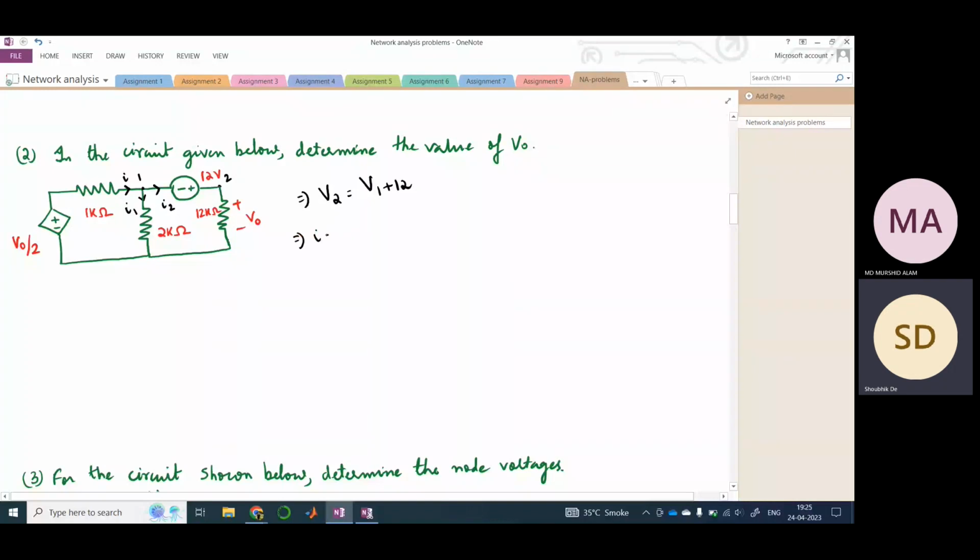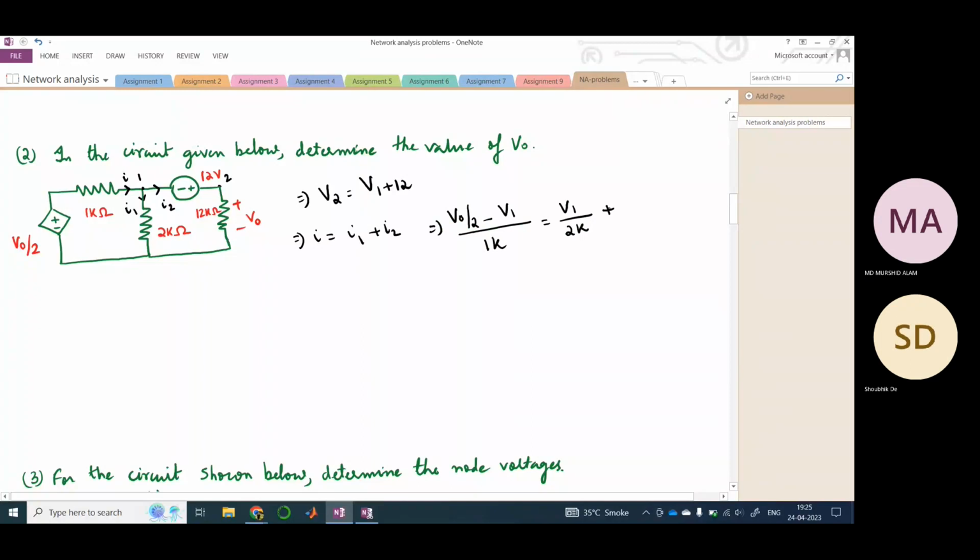Now we will just simply apply the KCL rule here. I equals I1 plus I2, and then what is your I? It is nothing but V0. This is a dependent voltage source. So (V0 by 2 minus V1) divided by this 1K resistor is equal to V1 by 2K. And then through this resistance, how much current is flowing?